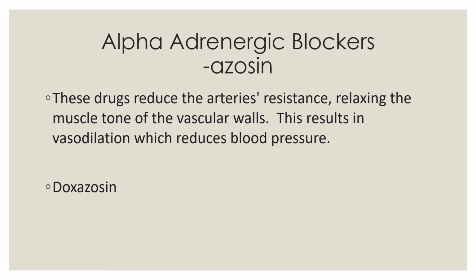So as we talk about these different drugs, you can see that almost all of your true antihypertensives, except for your diuretics, work by causing vasodilation. It's just that each class causes that vasodilation by a different mechanism.